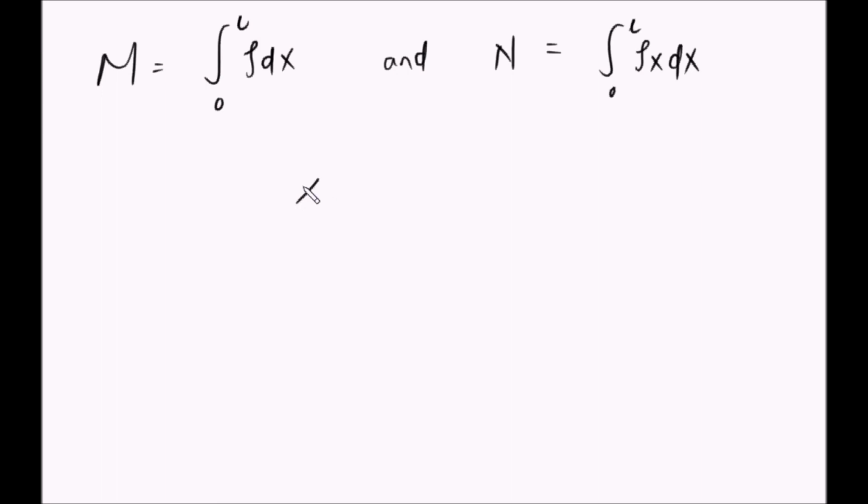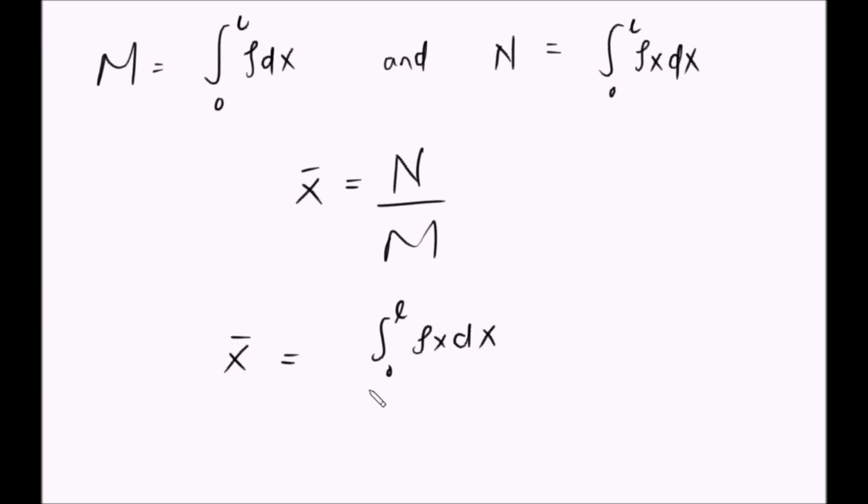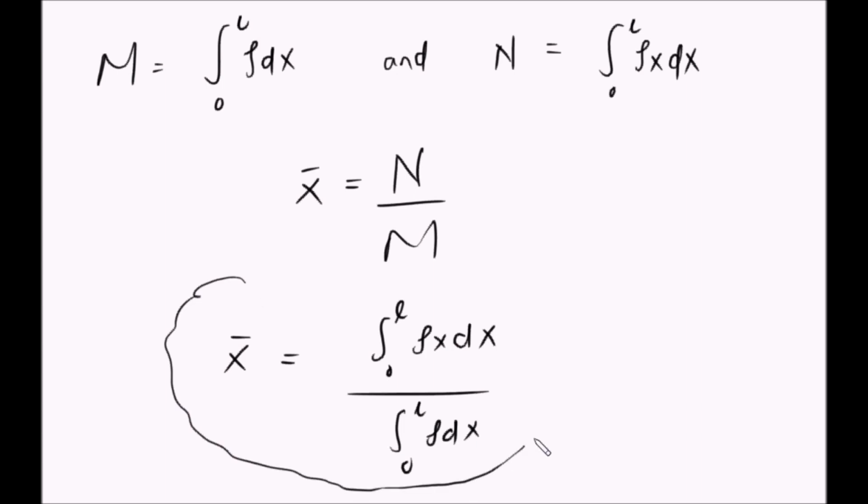So remember now, center of mass, what did we say? The formula is N over m. So it will be equal to the integral from 0 to L of rho x dx over the integral from 0 to L of rho dx. So this is the formula for the center of mass of a continuous body.